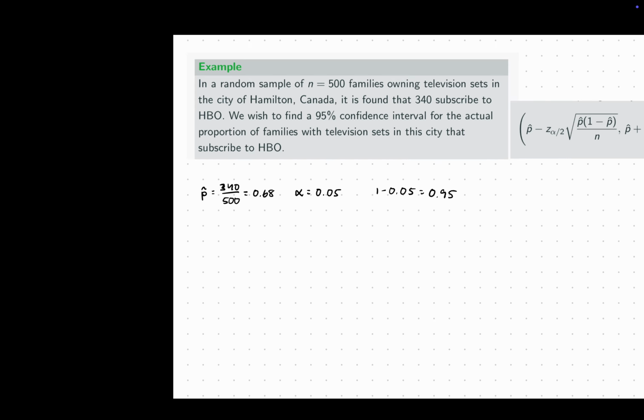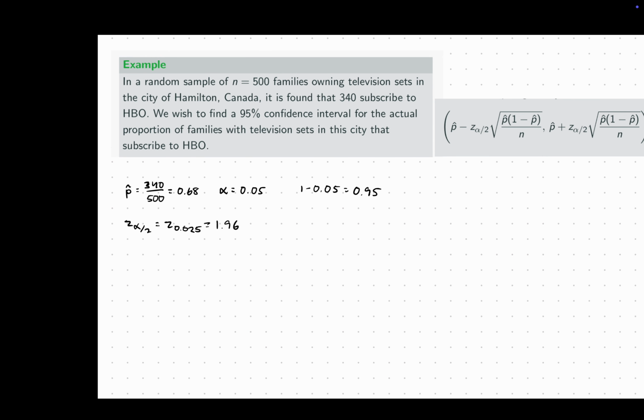If we look at our z table, it should be 0.025. So if we look through our z table, we can find the value of this, and that should be 1.96. And then now we can plug it into our confidence interval.